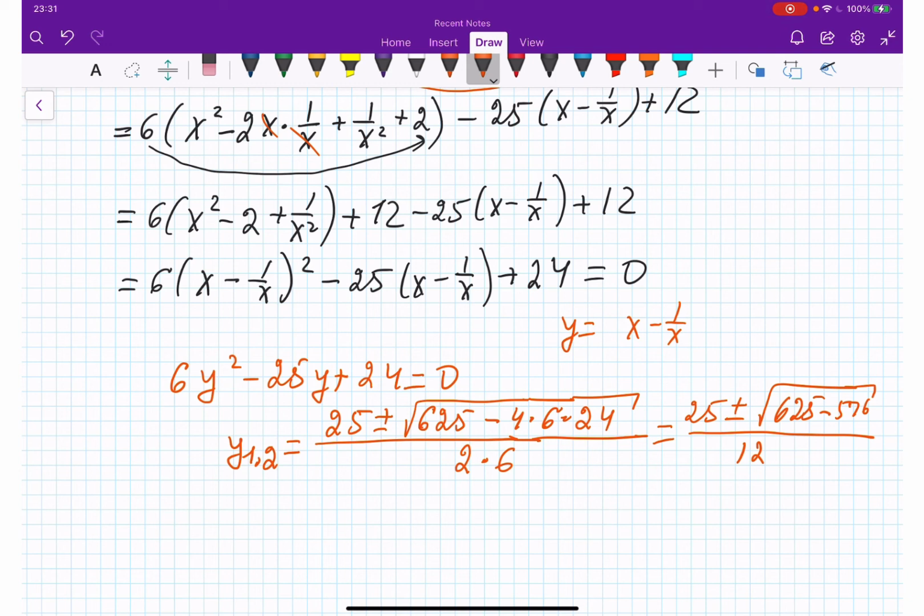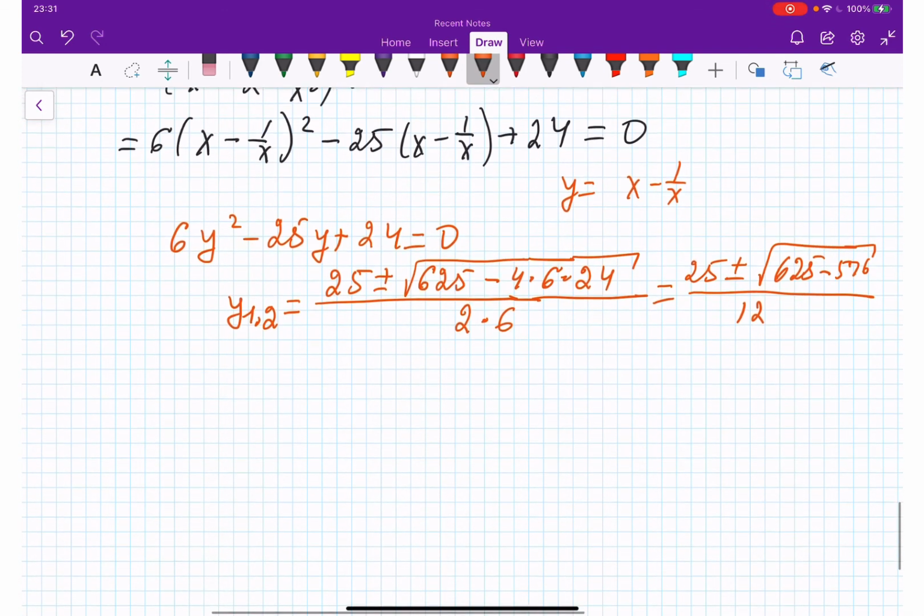So 625 minus 576, and this is going to be equal 7.